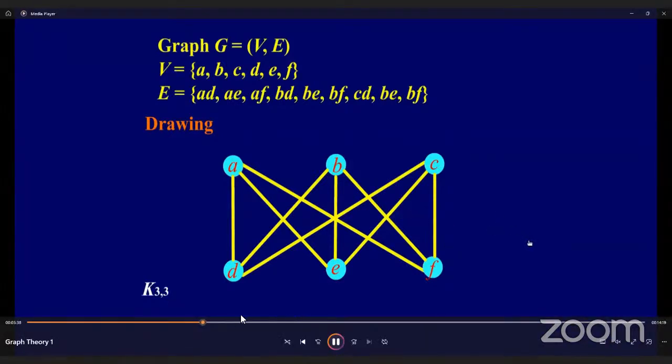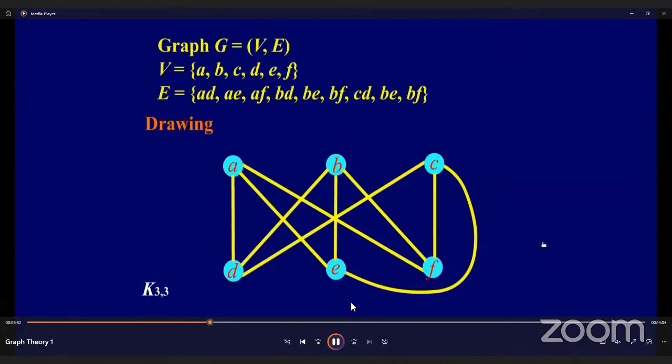Okay, so for example, we can move this edge, and it becomes like that. So now we have only 1, 2, 3, 4, 5, 6, 7 crossings. Before we had 9 crossings, and now we have only 7 crossings.